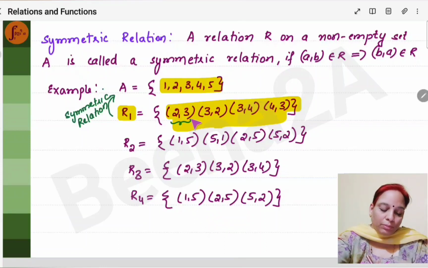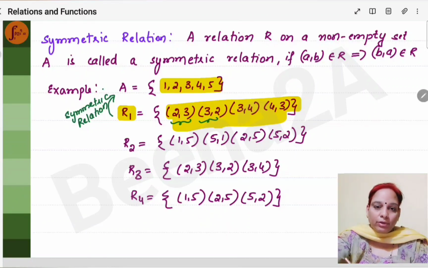If you have 2 comma 3, then the reverse combination also should be there, that is 3 comma 2. And if you have 3 comma 4, then the reverse combination is 4 comma 3. For every ordered pair in the relation, there has to be a reverse arrangement of the ordered pair also.